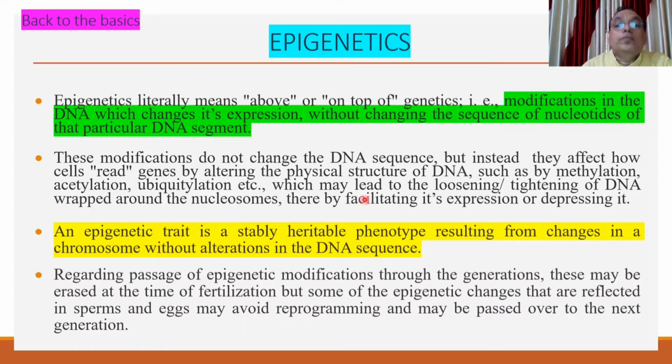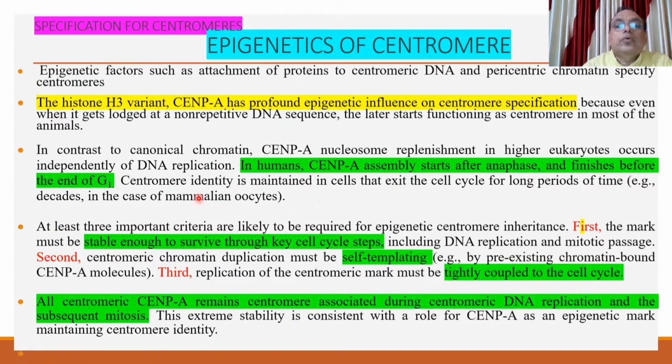So you must have got an idea about epigenetics, and we are going back to the current topic, that is epigenetics of centromere. Epigenetic factors such as attachment of proteins to the centromeric DNA and pericentromeric chromatin specify centromere.